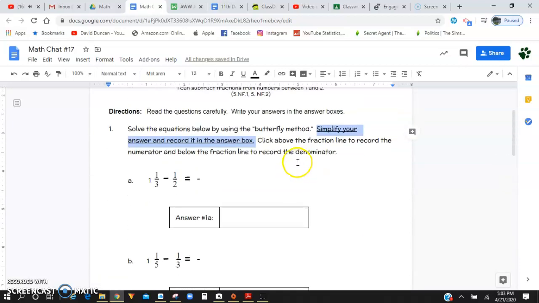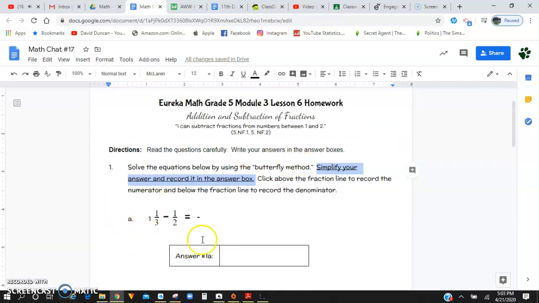Now with these problems, there's many ways to solve these, but to make it simpler on yourself as we're reviewing this concept, I recommend converting that mixed number, which is that whole number and that fraction, into an improper fraction, and then going about doing it butterfly method.